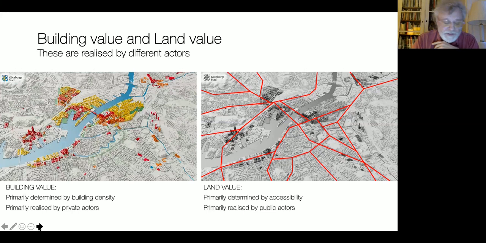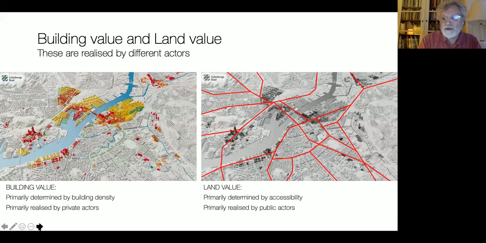In London, for instance, you tear down buildings that are 10 years old because they have such an excellent location that it's worthwhile to build a little bit taller building on the same location and make even more money, which clearly tells us that it's the land value that's primary.